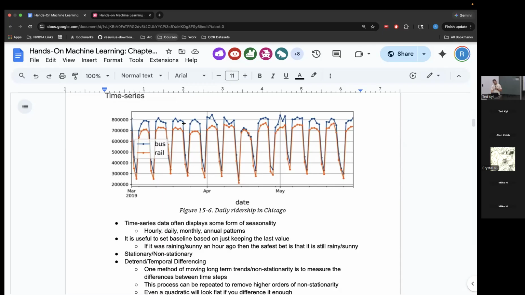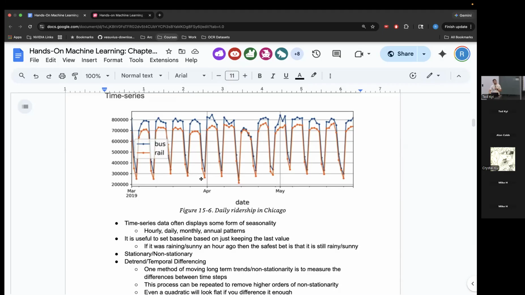In certain cases, this will fail in a big way. If we look at the difference between Friday and Saturday, all of a sudden it's going to predict there's going to be 800,000 people again, when in reality there was 300,000 or something like that. So this naive baseline is a very good measuring stick for, is my model actually learning something useful?